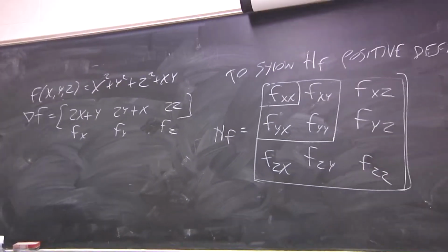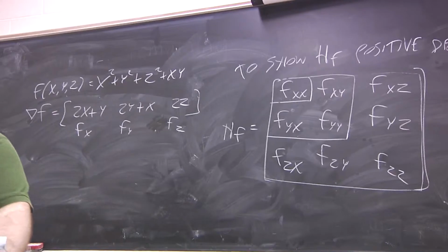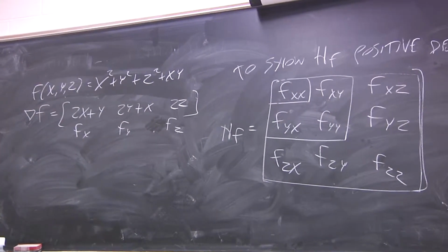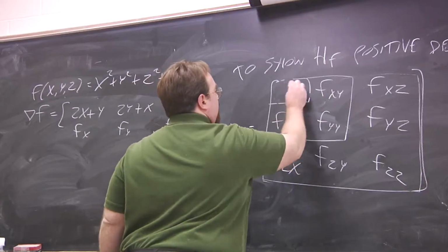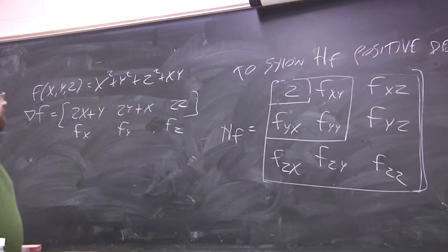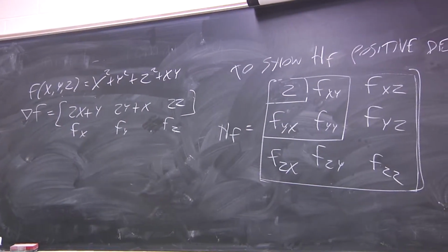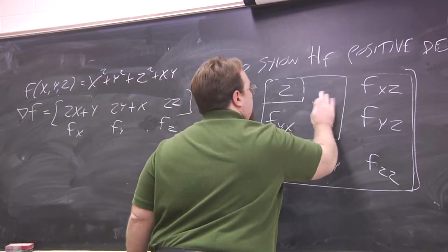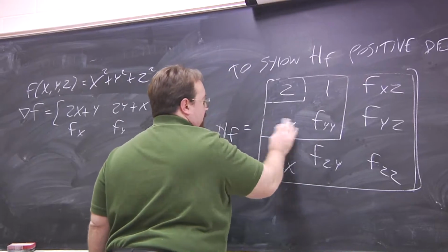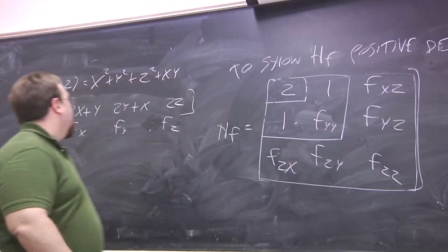So what's fxx going to be? Yes, it's going to be 2. It's going to be a constant. All right. Fxy is going to be 1. So fyx will also be 1. All right.